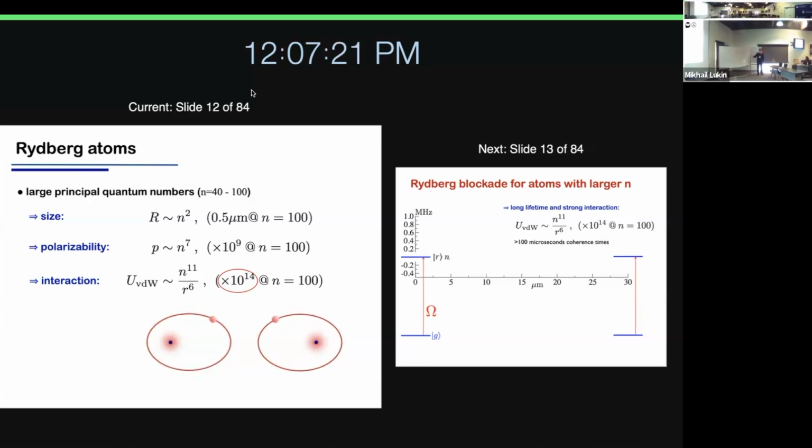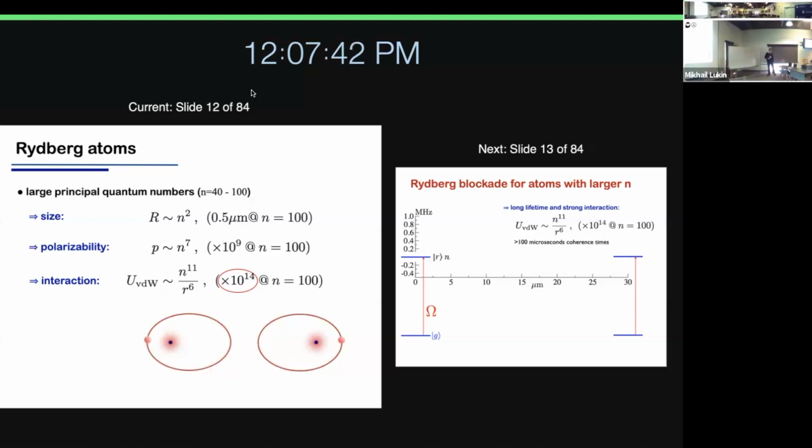So you need second order perturbation theory: the square of the dipole-dipole interaction divided by the detuning, these energy differences. This gives rise to n to the power 8 over R to the 6.